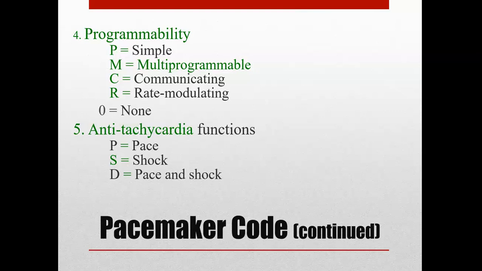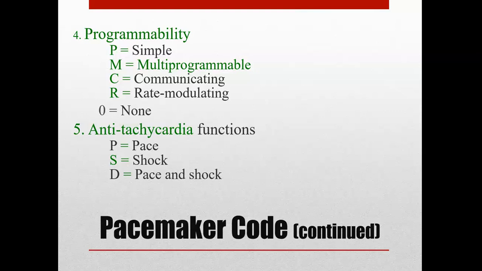And then R is rate modulating, which indicates adaptive control of escape interval. So if the heart rate is excessively high, it can pace at a faster rate than the intrinsic rate, and then it can attempt to slow down the patient's heart rate if it's too fast. These rate modulating devices are programmable as well.